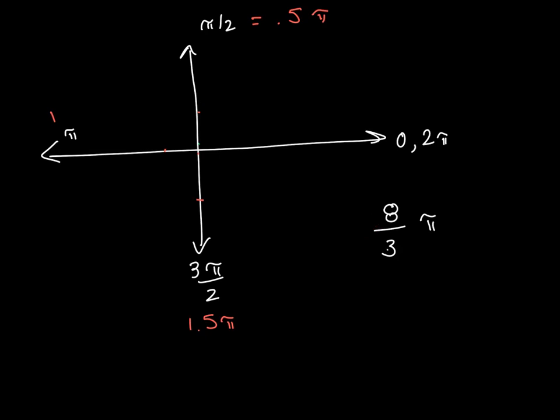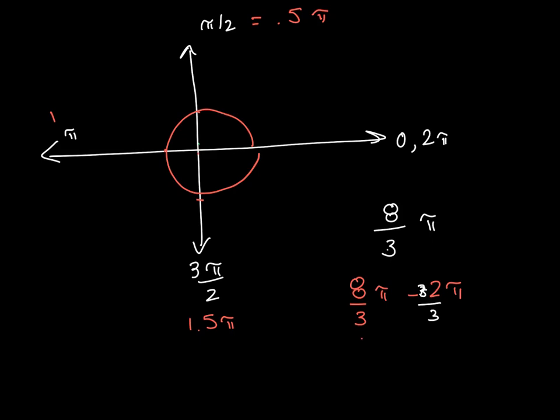So the first thing I'm going to do is go all the way around my unit circle, and that is at 2 pi. So now to find the rest of that angle, how much further do I go? I do 8 over 3 pi minus 2 pi. Now I have to find a common denominator here. So I multiply the top and the bottom by 3 over 3.